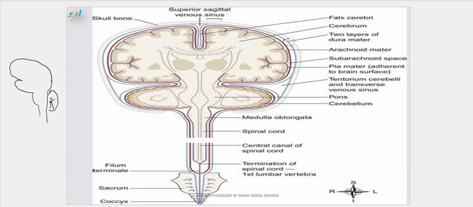So this is a lateral view. Of course, this is just one side, so you can just add another side. So between this layer, we can presume this as right, and you add another left just on top of this. So there'll be this space.